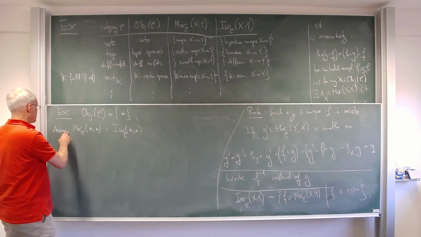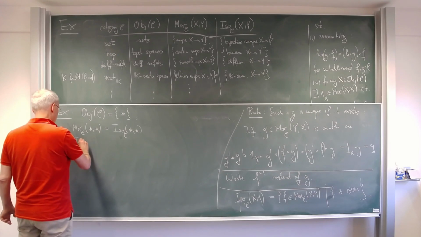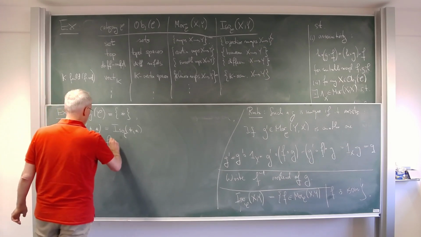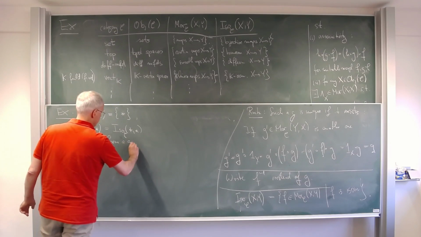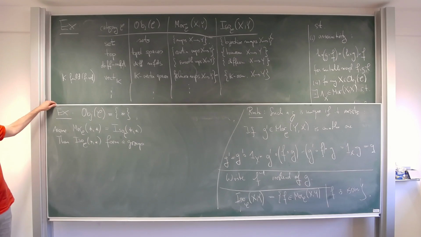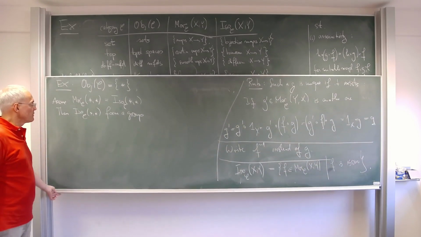So this thing is nothing but a group. Now, assume this, then these isomorphisms form a group. No matter what the elements are, they are not maps anymore. They are some things, group elements.